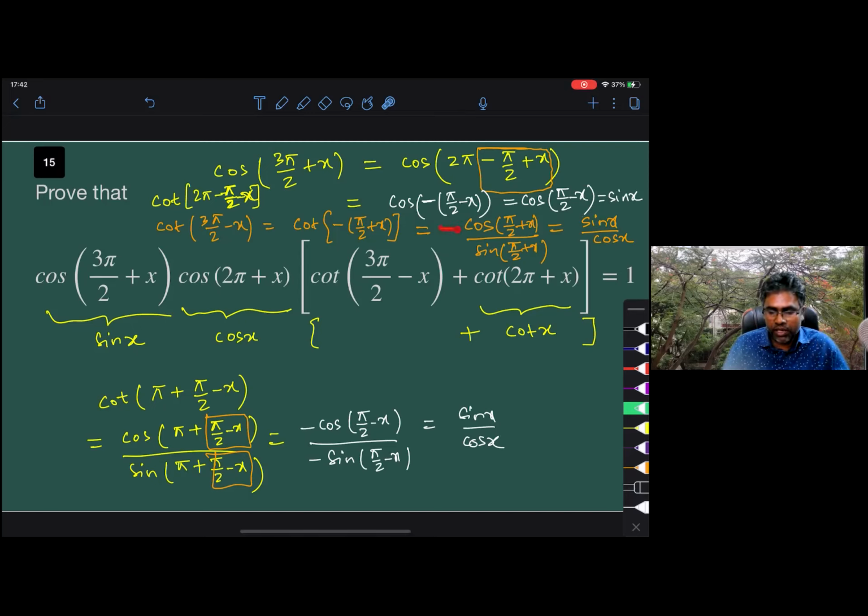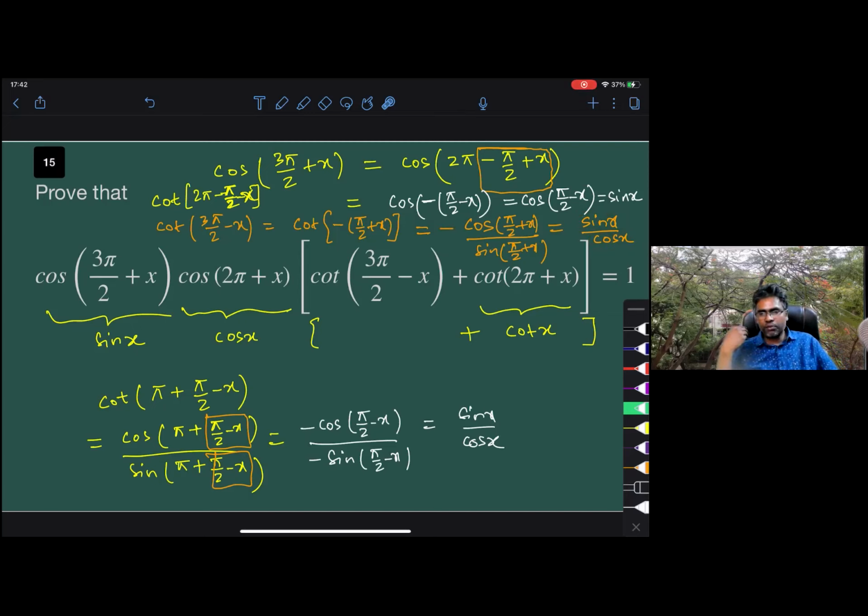So there is a minus already, and that is why it is becoming plus sine x. And then sine pi by 2 plus x, again assuming x is acute, you're just going to the second quadrant, so that will be positive cos x.